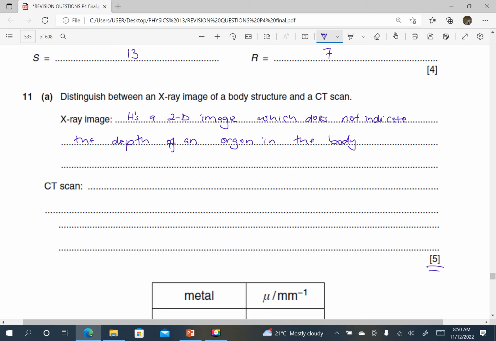So this one is built up from many images of slices taken at different angles.